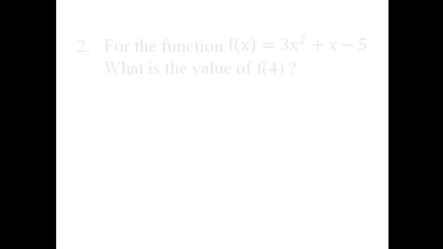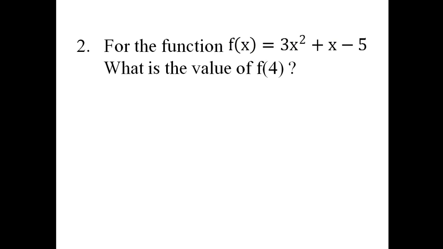Next, number 2. For the function f of x equals 3x squared plus x minus 5, what is the value of f of 4? For this case, the domain value is 4.